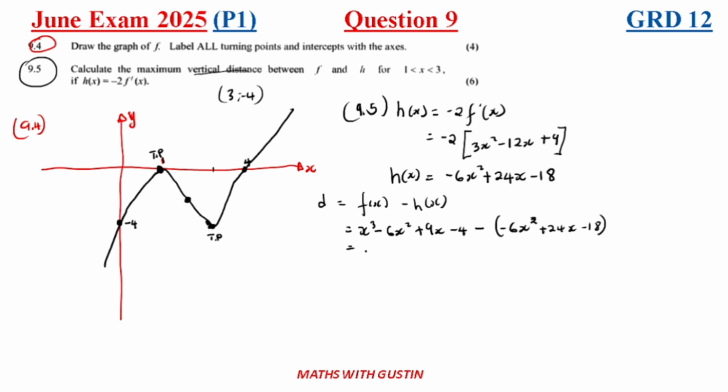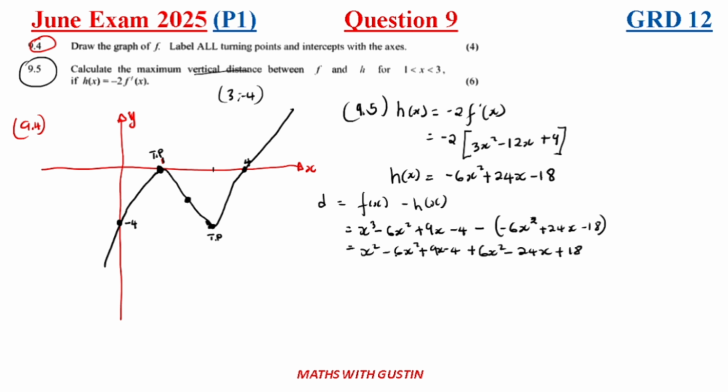So therefore x cubed minus 6x squared plus 9x minus 4 minus, and when you remove the bracket, you're going to have positive 6x squared, negative 24x, positive 18.